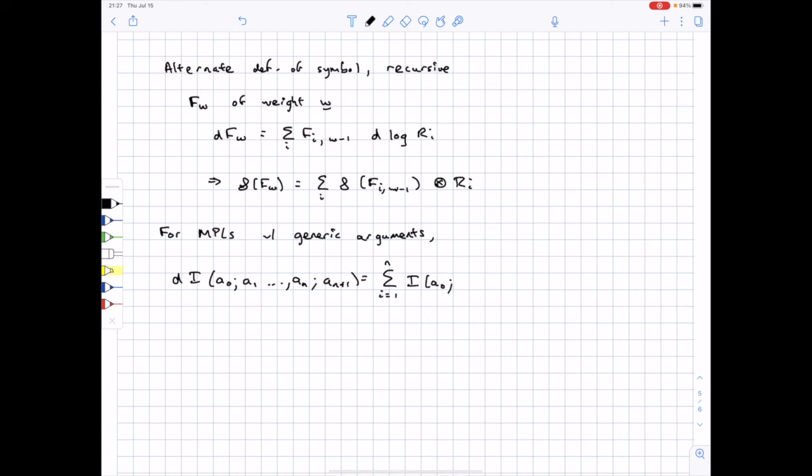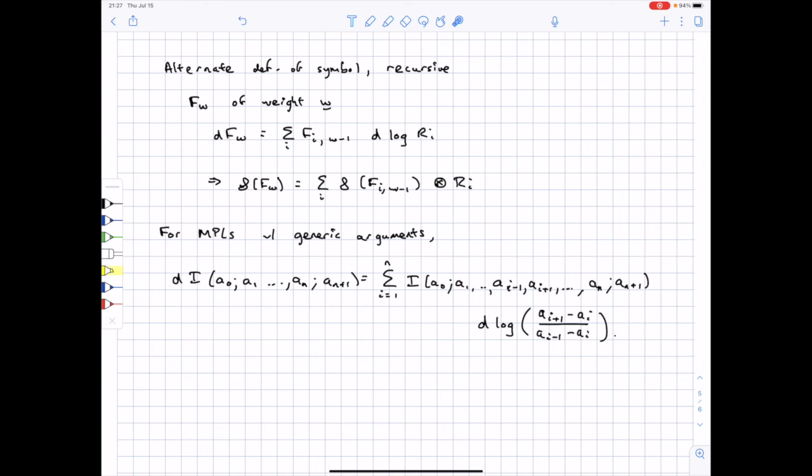So we omit each of the middle arguments in turn, G of a0 through ai minus 1, ai plus 1, through an plus 1, and then this times d log of ai plus 1 minus ai over ai minus 1 minus ai. So it's this combination that is appearing in the symbol iteratively for each term.